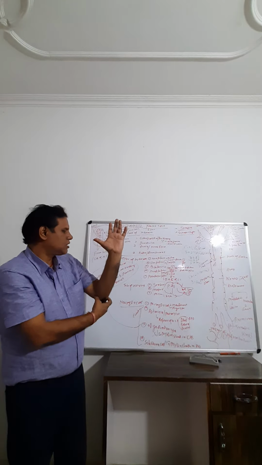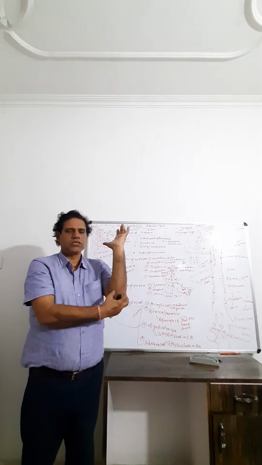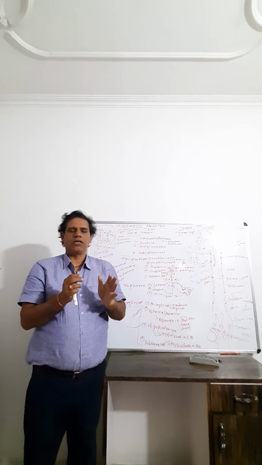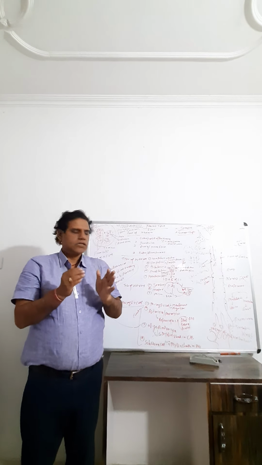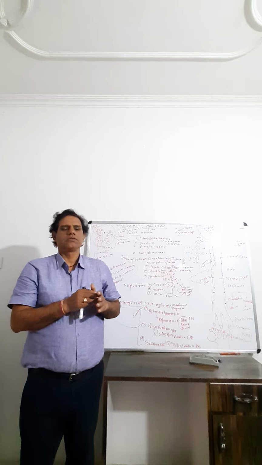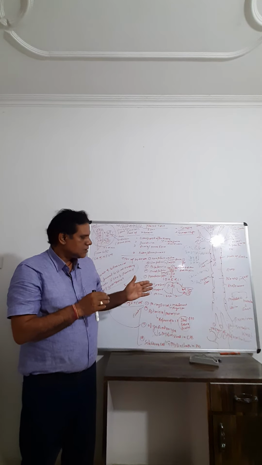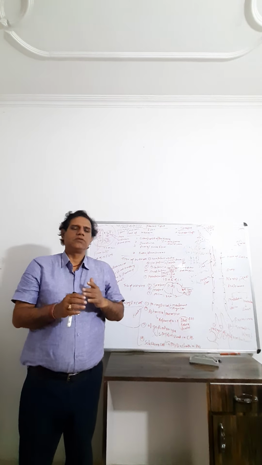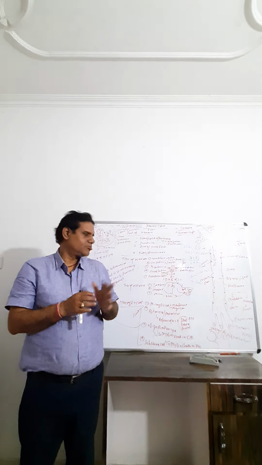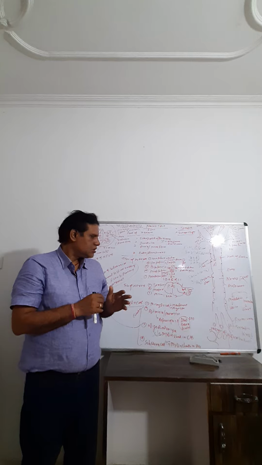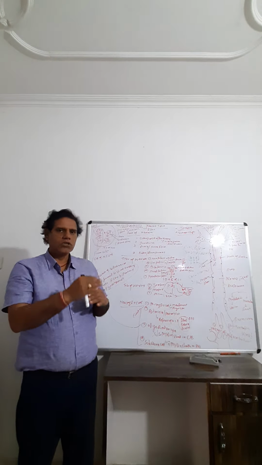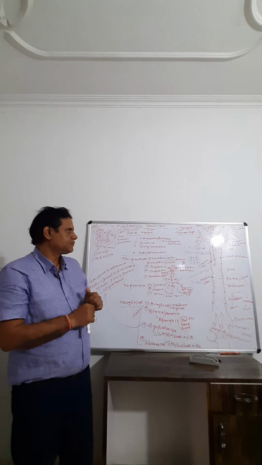The axon terminal has so many knobs, that is synaptic knobs, which contain neurotransmitters such as GABA, adrenaline, noradrenaline, acetylcholine, serotonin, aspartic acid, glutamic acid. These are the different types of neurotransmitter responsible for transmission of nerve impulse from one neuron to another neuron.